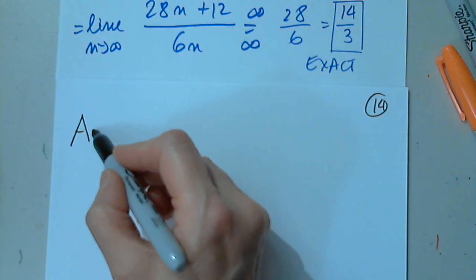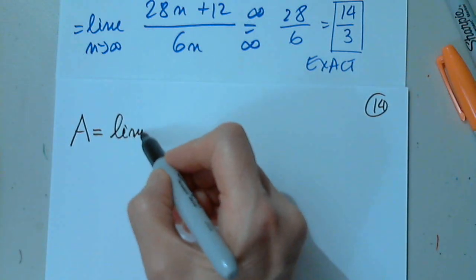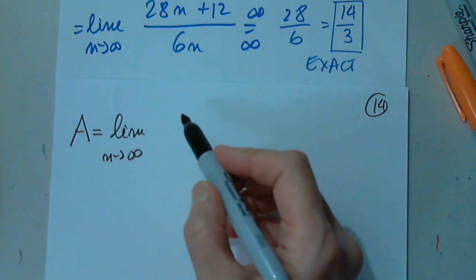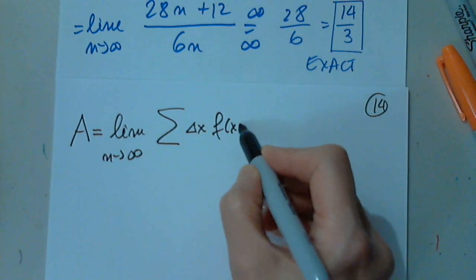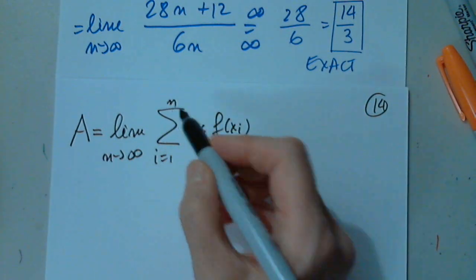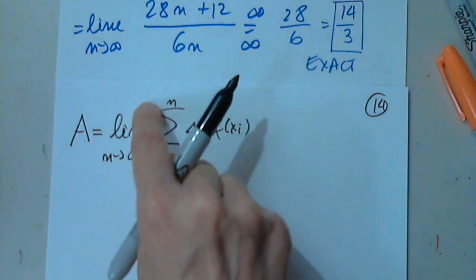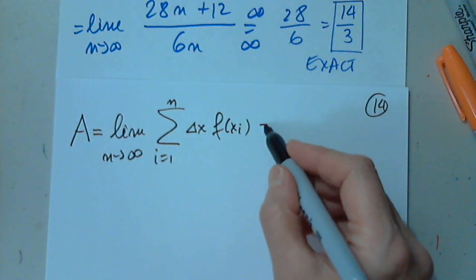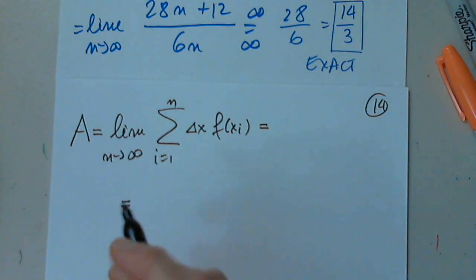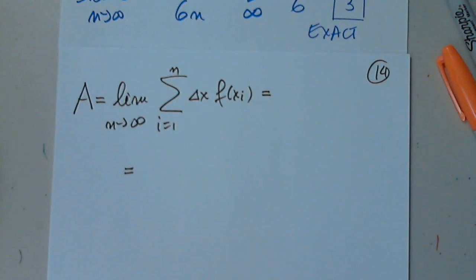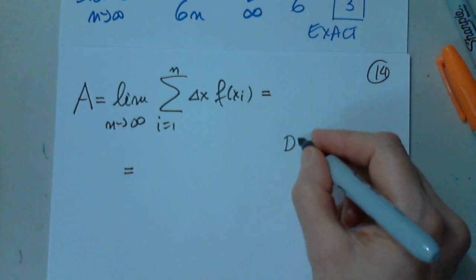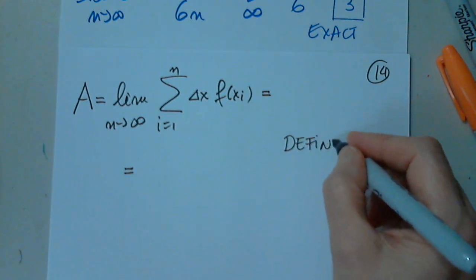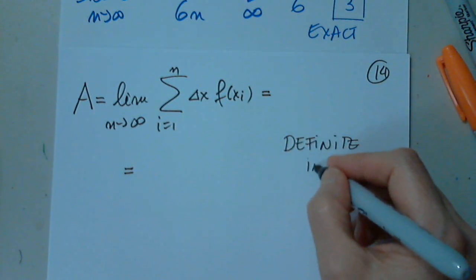The exact area, which is the limit as n approaches infinity of the sum of delta x times f of xi, from i equals 1 through n, the limit of the Riemann sum, can also be determined in a different way with something called a definite integral.